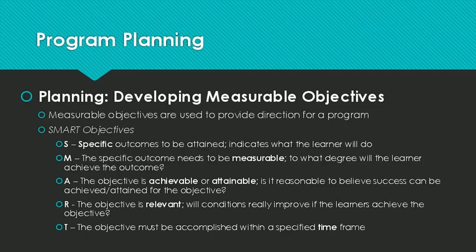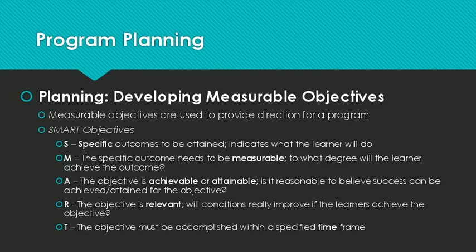So to what degree will the learner achieve the outcome? So A stands for achievable or attainable. And so we want to look specifically if it's reasonable to believe that success can be achieved or attained for the objective, and that we're not shooting for these super lofty goals that are unattainable.